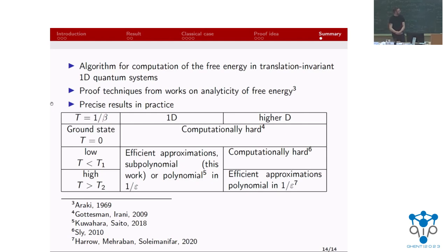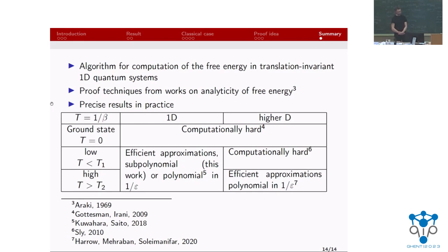On the other hand, as soon as you go to the ground state, at least in the quantum case, you will have a QMA-hard problem, already in 1D translation invariant systems. And as soon as you increase the dimension, the problem becomes computationally hard if the temperature is too low. That is actually a result already about classical systems.